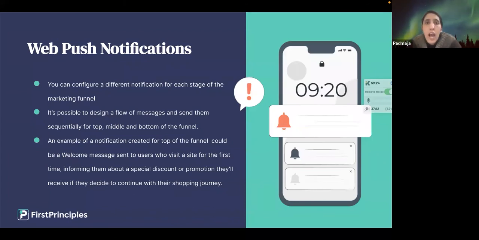As a person, half the time I just block them and do not allow push notifications. But it's completely up to the user. We'll have to leave it up to the user. But in my opinion, push notifications are a good to have, and in some cases a definite must have, but you might not get the exact conversions that you want. But from an awareness perspective, they are definitely at the top, right?